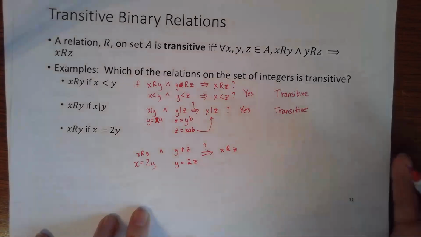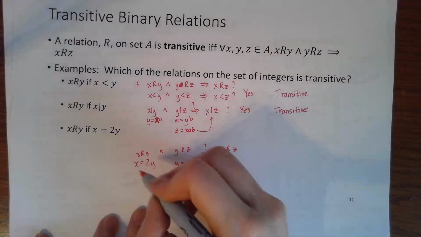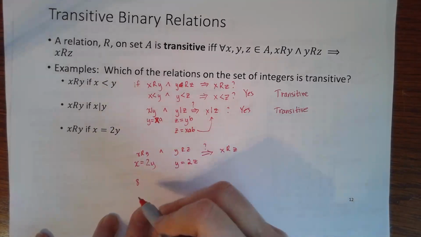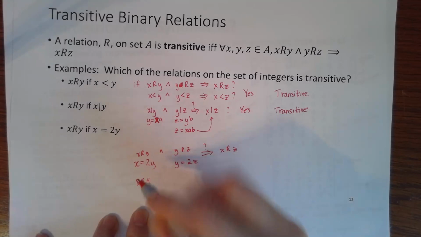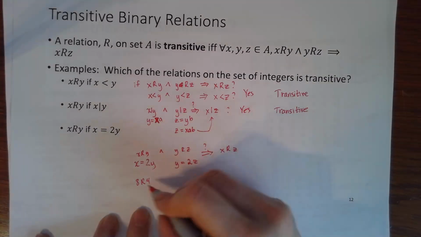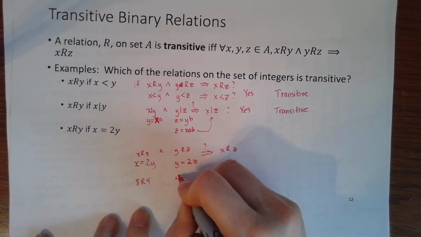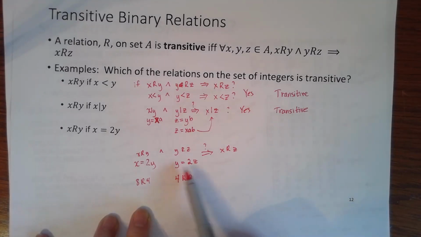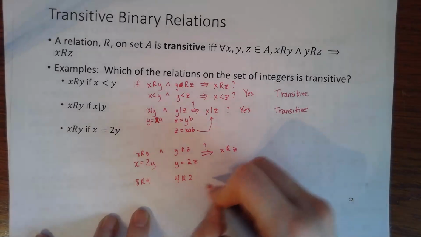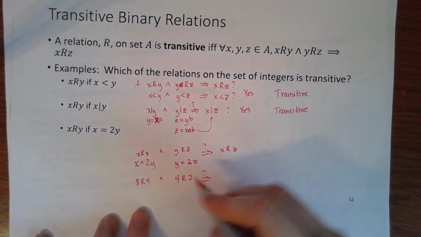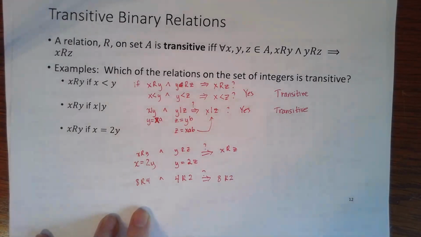Let's see. For example, I could have 8 is related to 4 because 8 is 2 times 4, and then our y is 4. 4 is related to 2 because 4 is 2 times 2. So does that mean that 8 is related to 2?